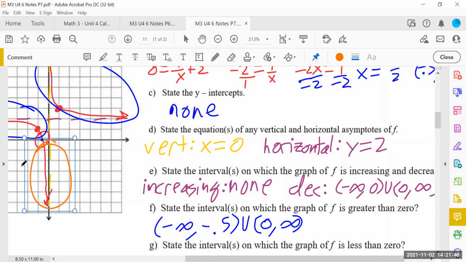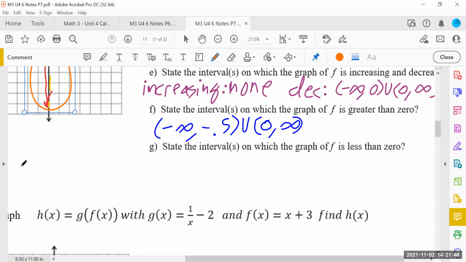That piece is below the x-axis, and it's essentially the rest of the graph from negative 0.5 to 0, the x-intercept to the asymptote. So I have three pieces of the graph. It starts off above, then goes below, and then it's above again. Let's do one more, and then I'm going to have you guys try this.